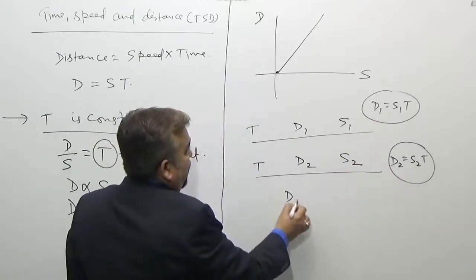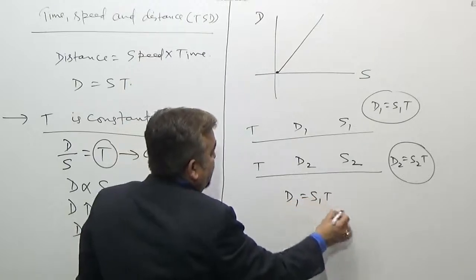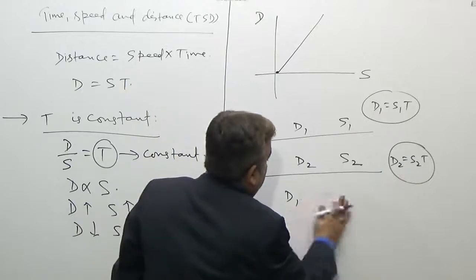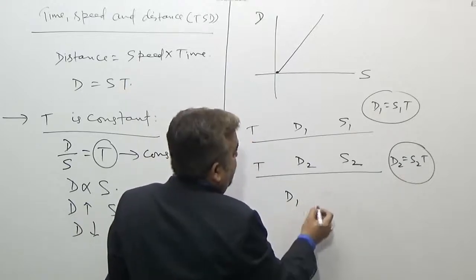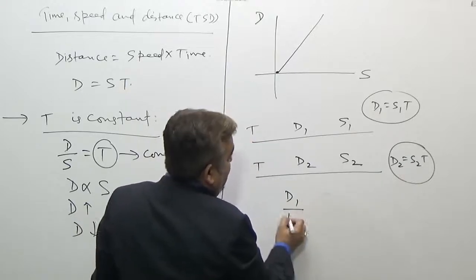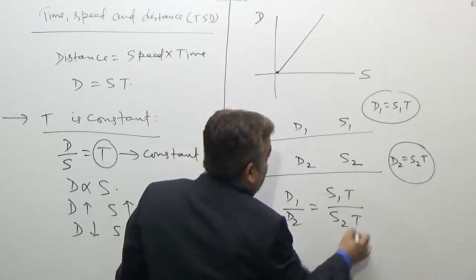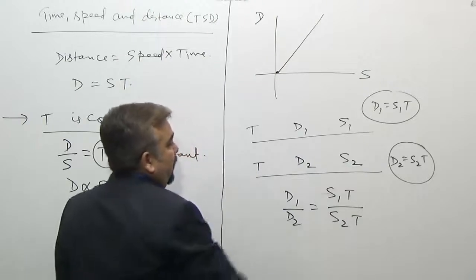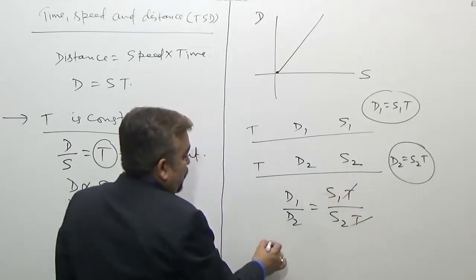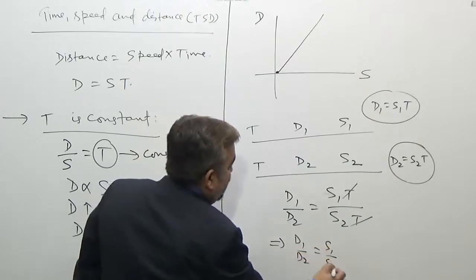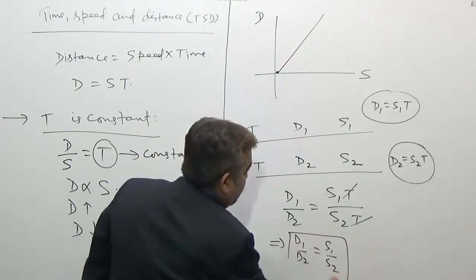You have d1 by d2 equal to s1 into t by s2 into t. Now t and t cancel, so you have d1 by d2 equal to s1 by s2.